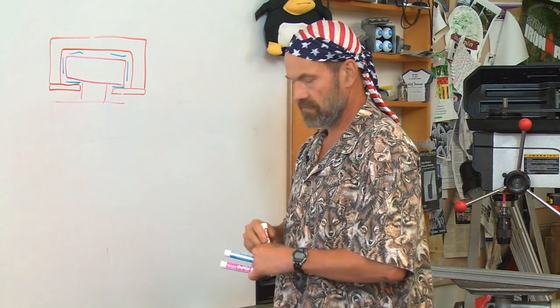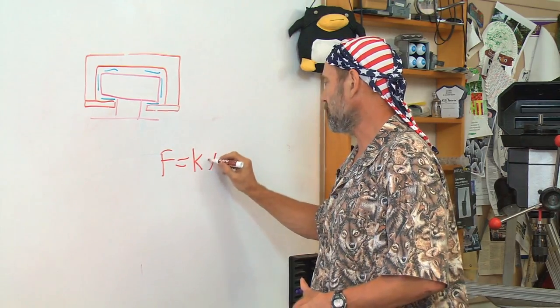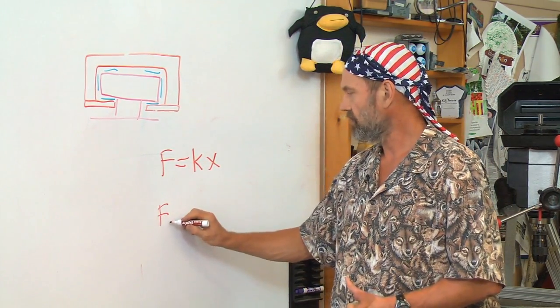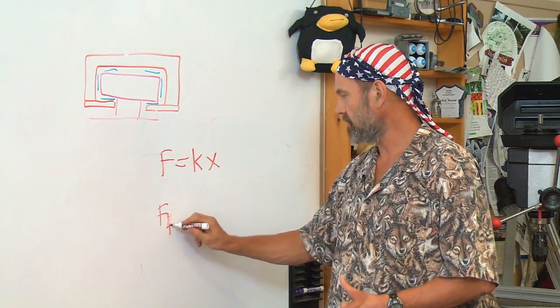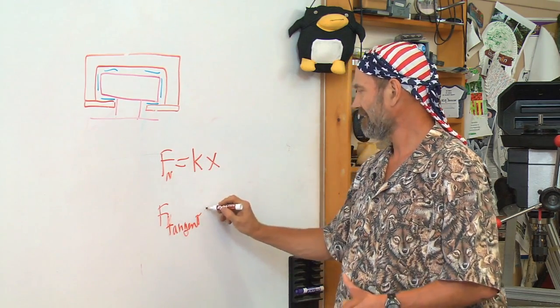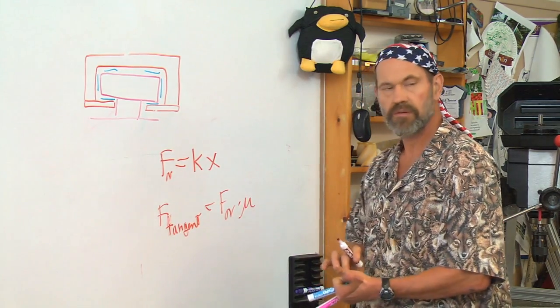And remember, in bearings, this is absolutely critical: F equals Kx, but also your F horizontal, or excuse me, tangential, let's call it, equals your normal force times coefficient of friction.